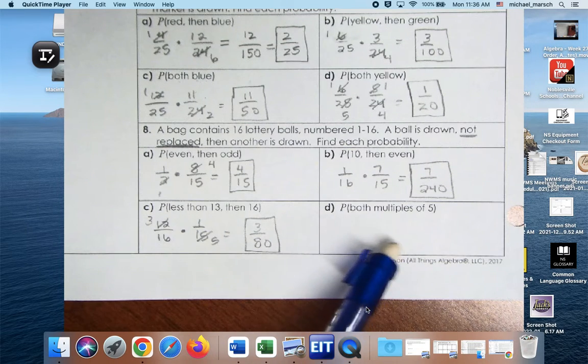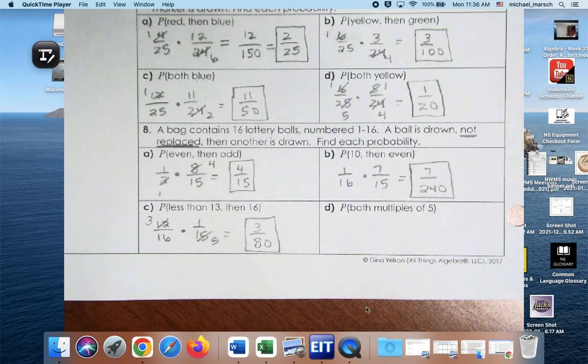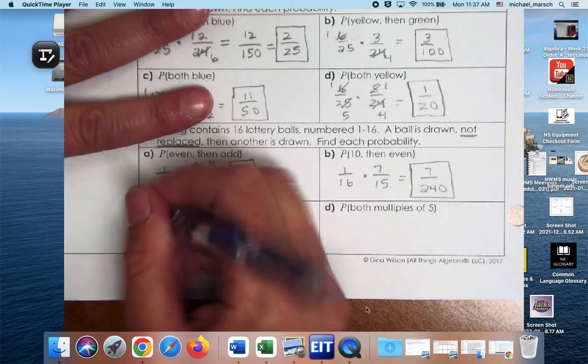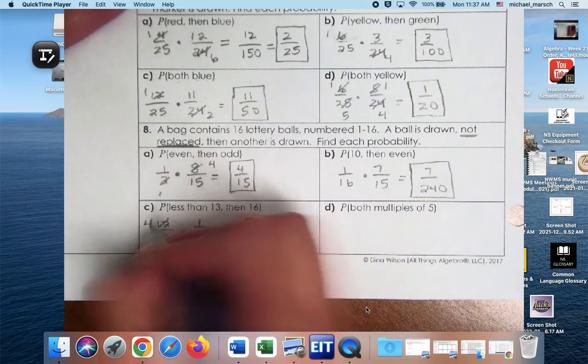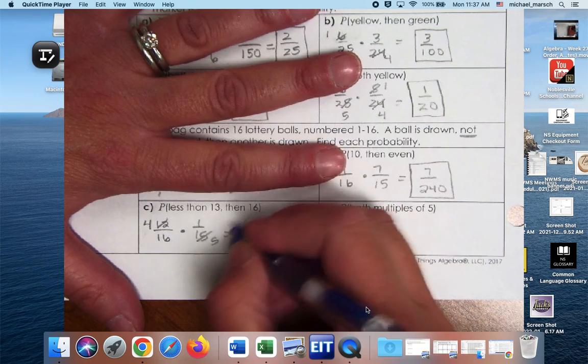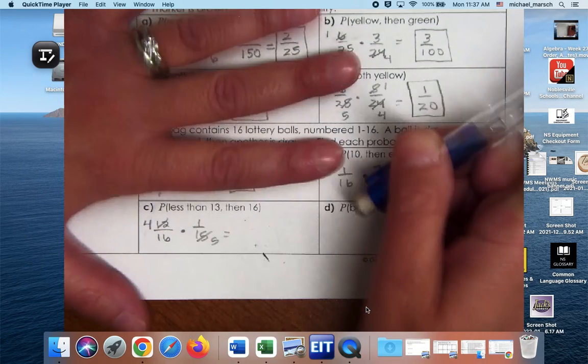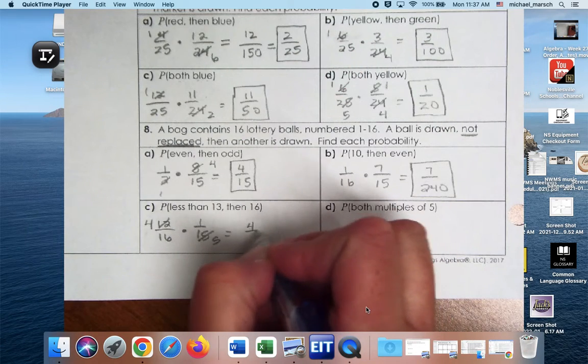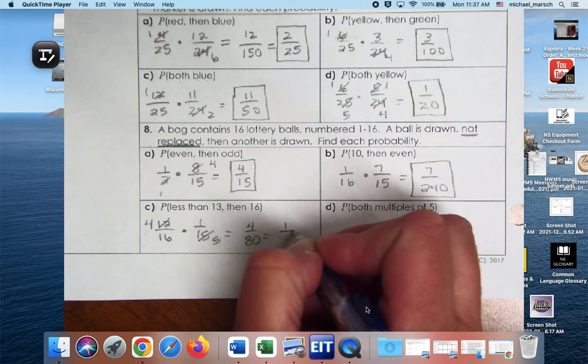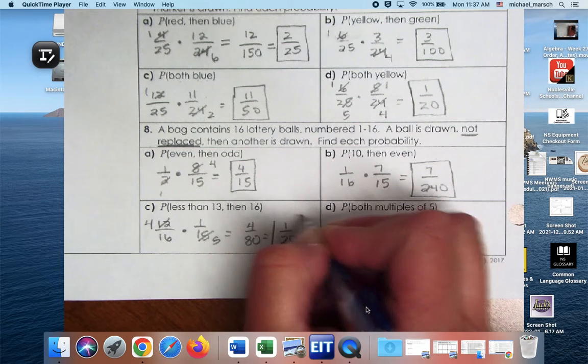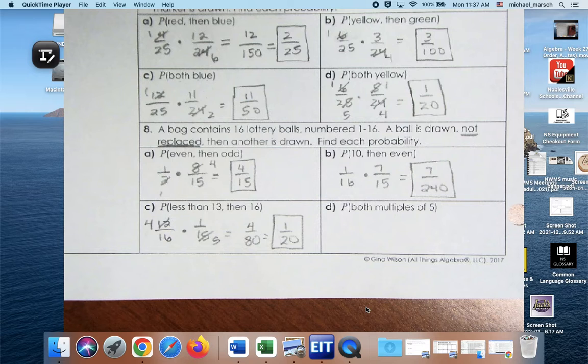Last one, both multiples of 5. Wait, wouldn't that be 4? If you're dividing 12 by 3, wouldn't that be 4? It would be 4. So we have 4 out of 80, which can be simplified to 1/20. Nice, thank you.